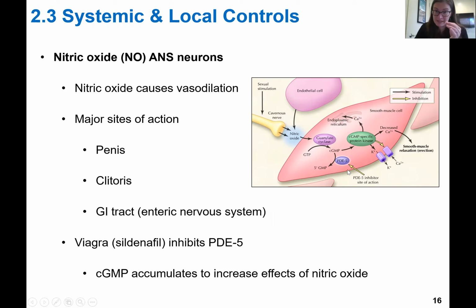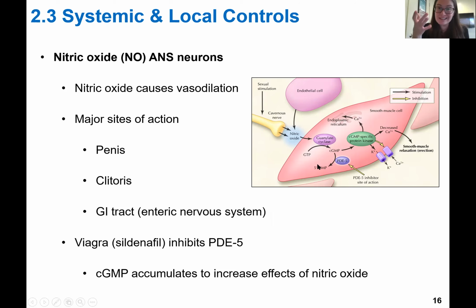To stop this, let's say it's a natural erection that does not have any medication going on with it. When the sexual stimulus ends, the neurons will stop releasing nitric oxide, and this whole cascade of events will be stopped by phosphodiesterase 5, which will take cyclic GMP and turn it into just 5' GMP.